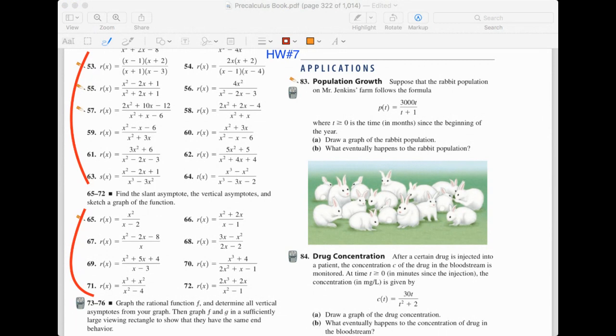Homework 7, 53 up to 71, odd numbers. Okay, any questions? If not, I'll see you on Friday.